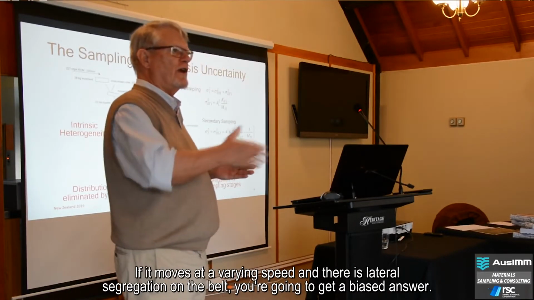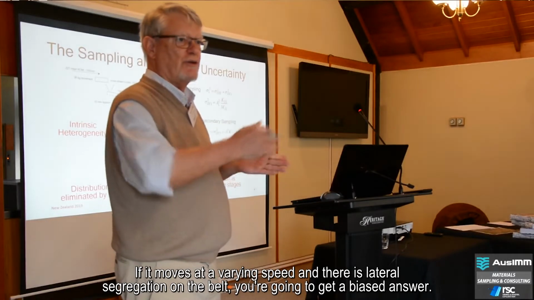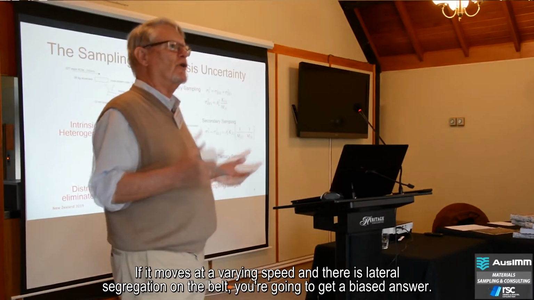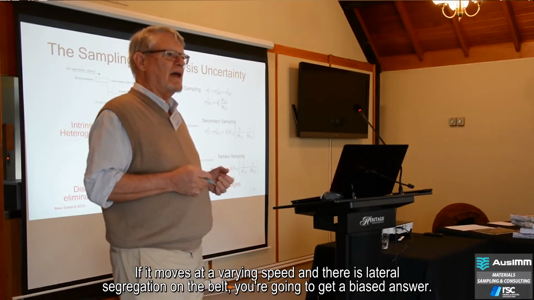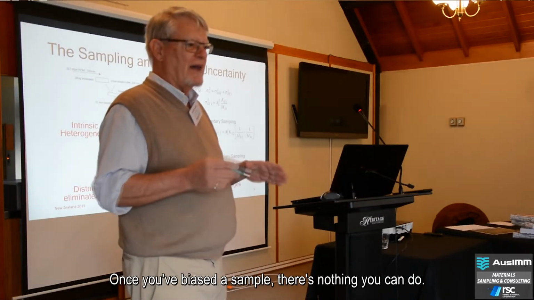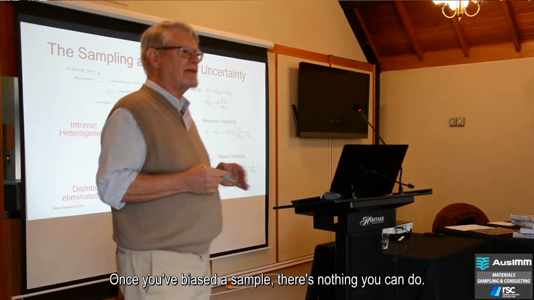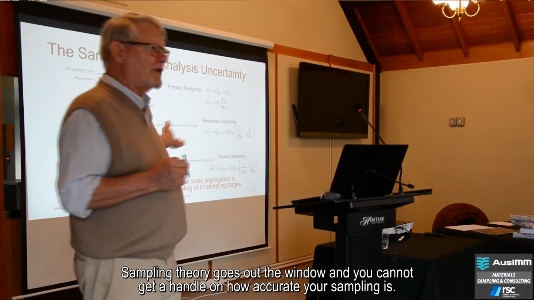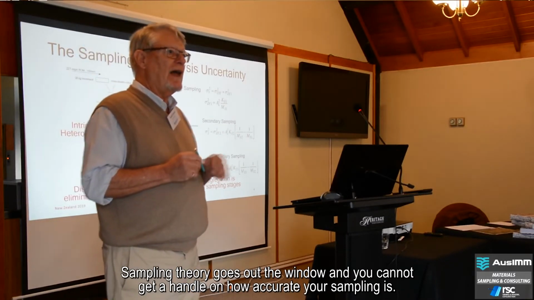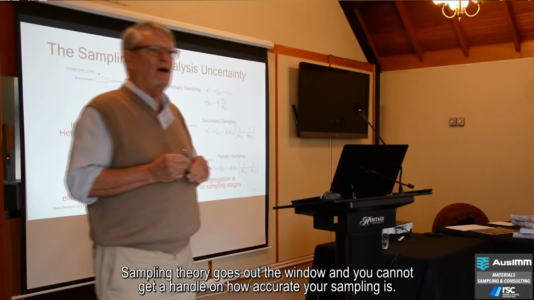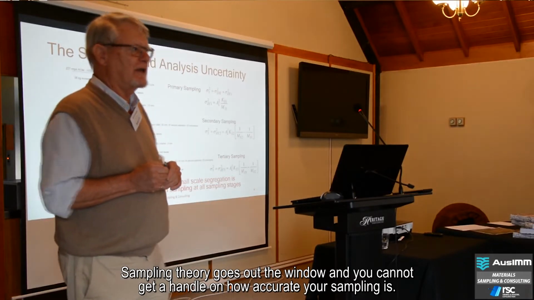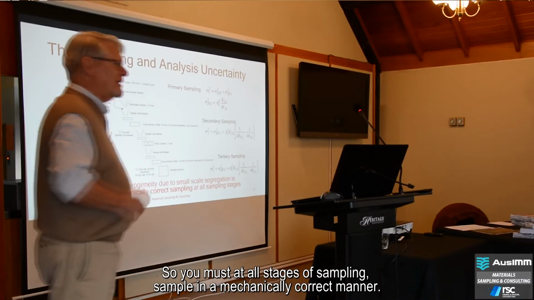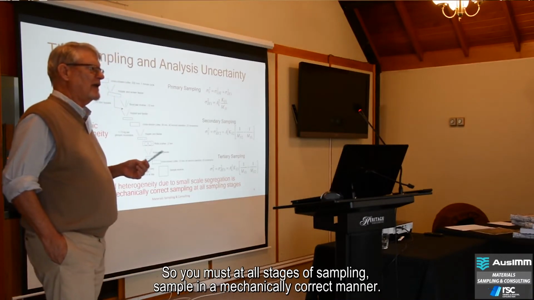If it moves at a varying speed and there's lateral segregation on the belt, you're going to get a biased answer. And once you've biased a sample, there's nothing you can do. Sampling theory goes out the window, and you cannot get a handle on how accurate your sampling is. So you must, at all stages of sampling, sample in a mechanically correct manner.